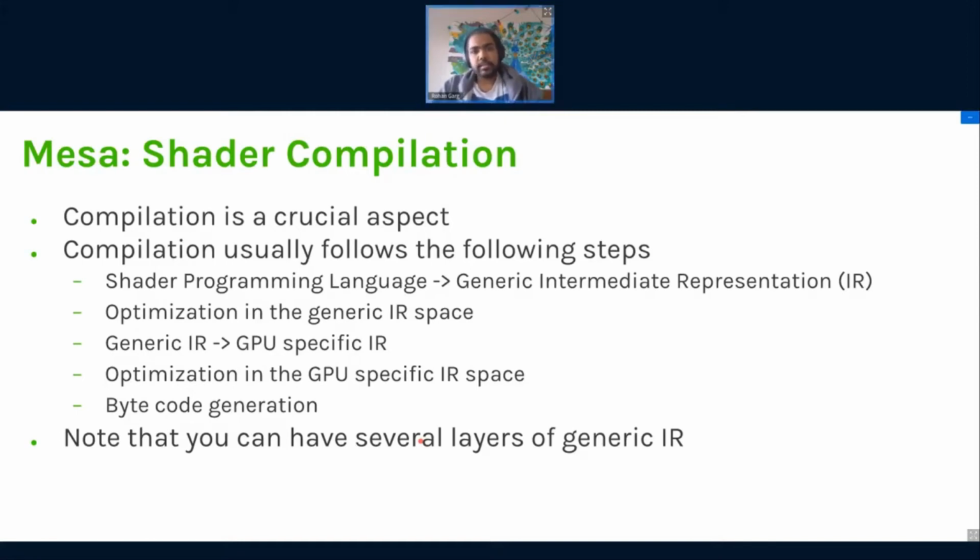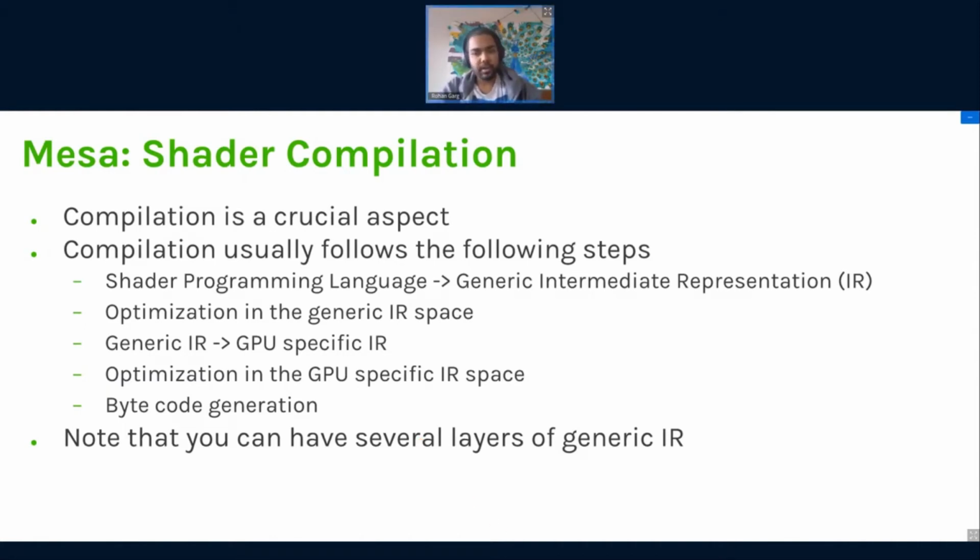This IR gets optimized by Mesa over a couple of passes, and then this generic IR gets converted into GPU-specific IR, and then the GPU driver performs optimization in the GPU-specific IR space. And then we have the bytecode generation, which essentially compiles this GPU-specific IR into bytecode.